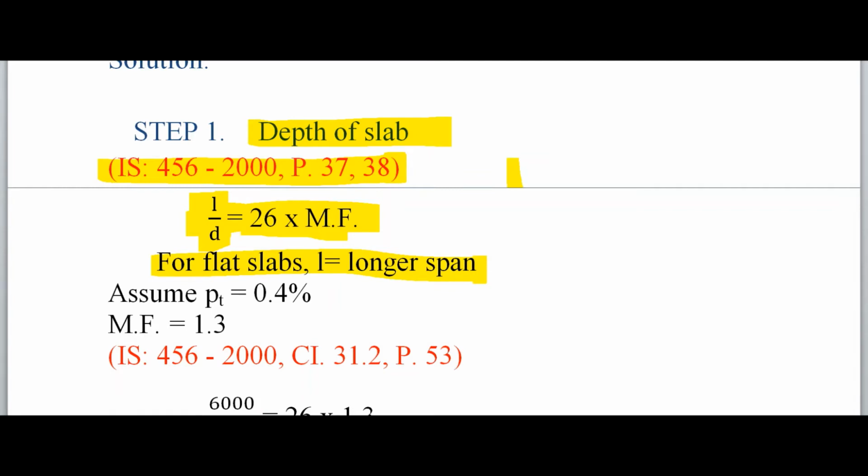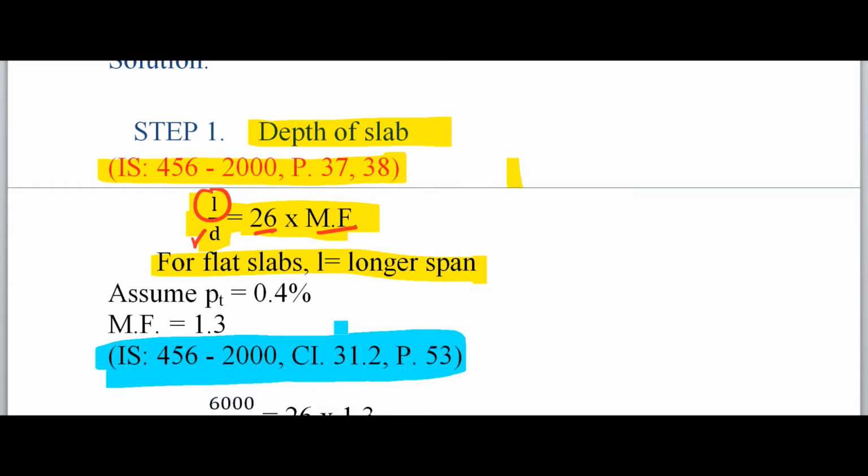Now we have to find out D. Now imagine there is a length, we are going to find out depth, but we require MF, modification factor. So we find out MF from IS 456 2000 clause number 31.2 page number 53. On this page number 53 clause number 31.2 we have one chart.